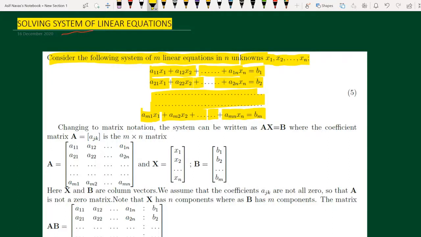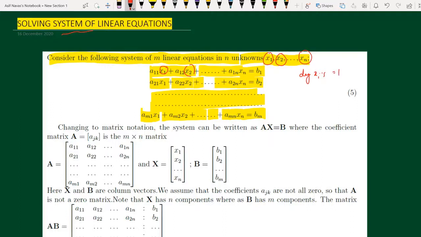So this system is called a system of linear equations. Why is it called a system of linear equations? Because our unknown variables x1, x2, x3 are always linear. That means the degree of each xi is equal to 1. So there are no terms like x1 into x2, x1 square, or xn square. The only possibility is x1, x2, x3, etc., xn, where the degree of such variables is 1.